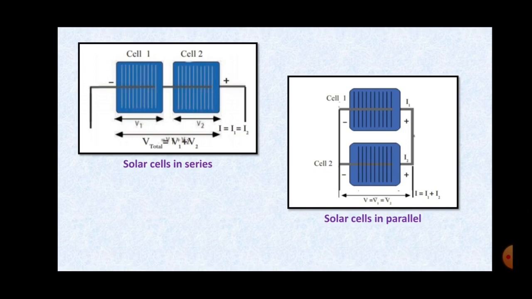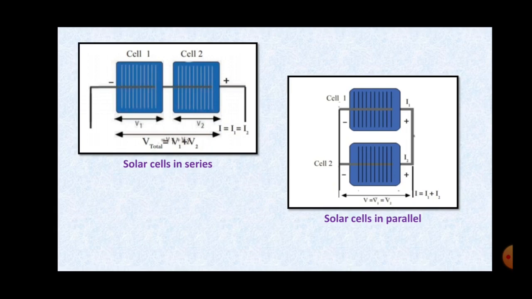They can be connected in series, where the current generated is equal to the current of an individual cell. In the second one, they can be connected in parallel, but here the potential difference from the two cells is not added. Okay.